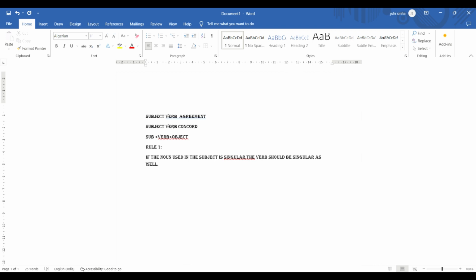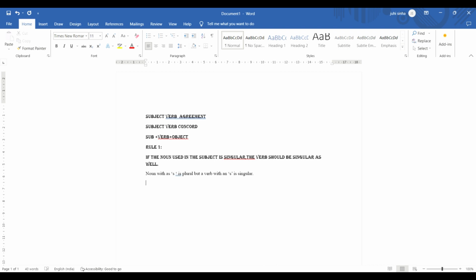But here there is an exception. There is a catch here. The exception is that a noun with an S is plural, but a verb with an S is singular.